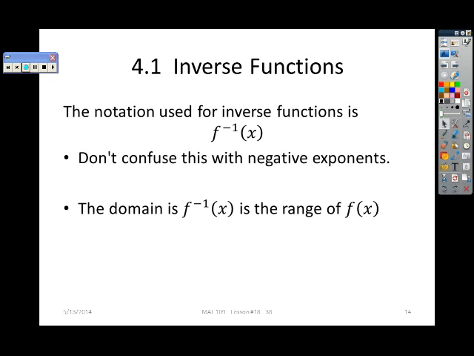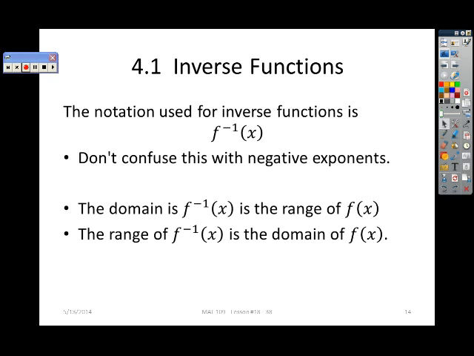Because we're doing inverses, if you think back to those arrow diagrams, the domain of f has this range over here. But we're coming back the other way, so this thing over here is the domain of the inverse. In other words, the domain of the inverse function is the range of the function itself.